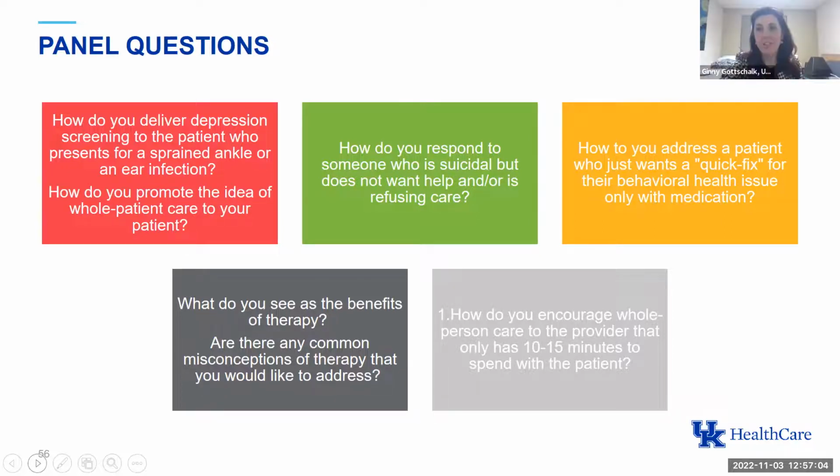Sure, I can jump in. So I think that for some patients, this is unusual if they're not used to going to a primary care provider on a regular basis. I think for our patients who come pretty regularly to family medicine, they know we're always asking about all kinds of questions that may seem unrelated to why you're there. But I think a lot of that has to do with just talking with your rooming staff.